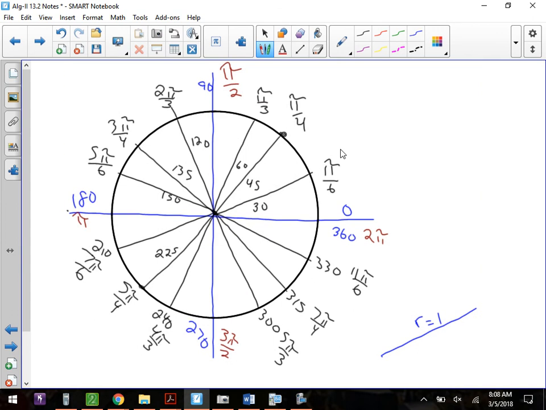Because if you can start at 0 and go all the way around to 2 pi, cut it in half, cut it in half, cut it in half, add quarters, cut it in a third, add thirds, it works itself through. Obviously, this is the first time I've really gone into why all of it was showing up like that. It is where all of trigonometry is going to be built out of.